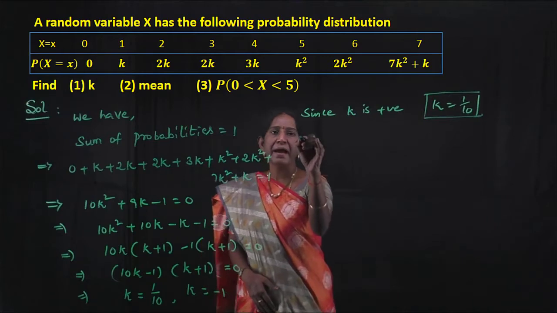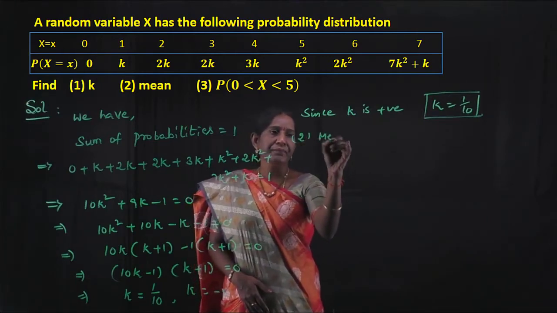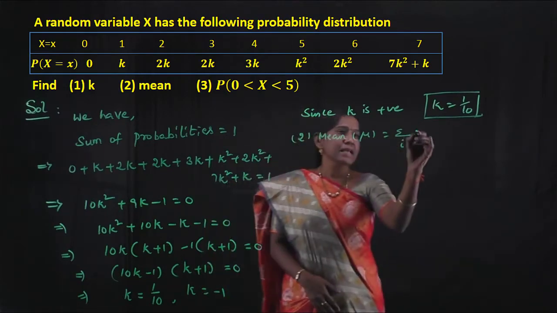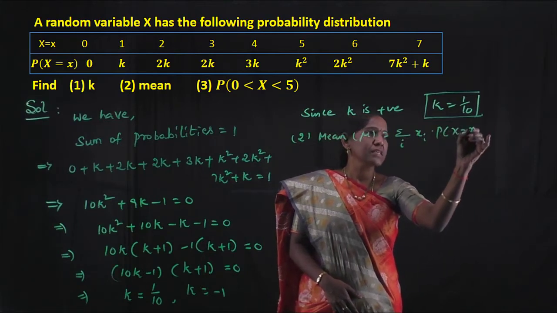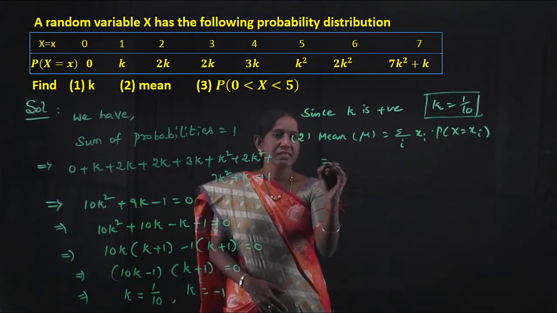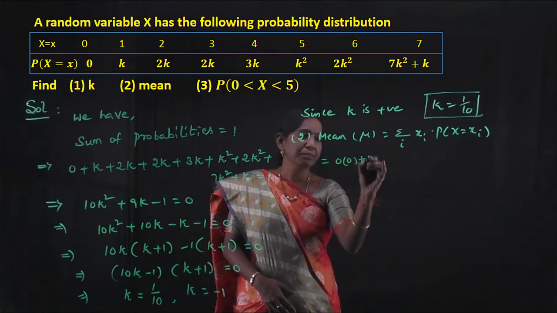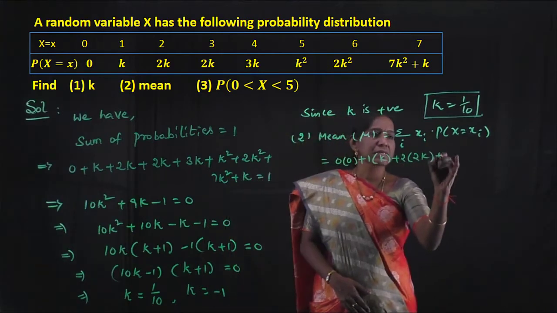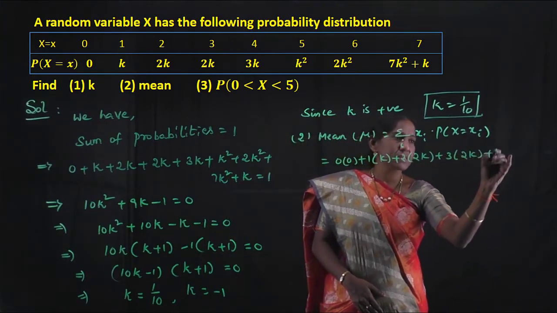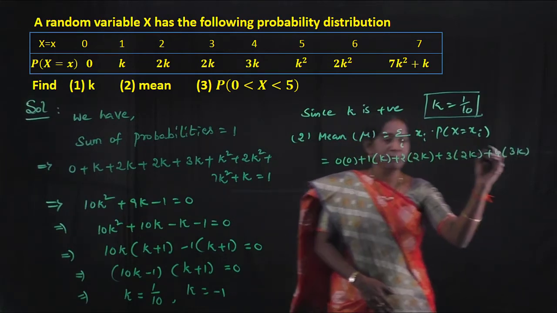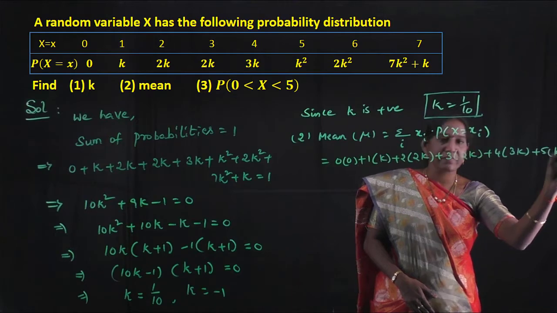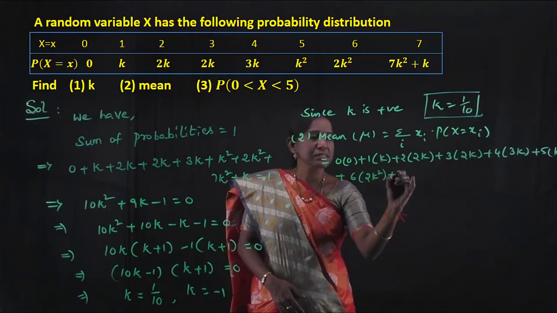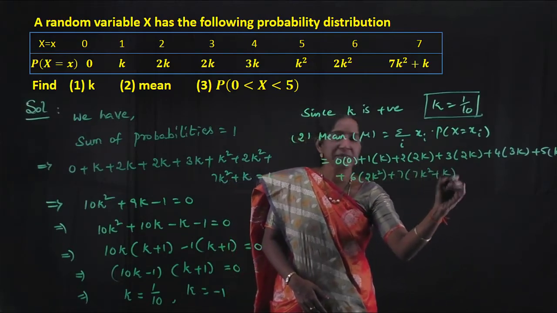And next we have to find the mean. So mean mu is equal to sigma xi into p of x is equal to xi. So this is equal to 0 into 0 plus 1 into k plus 2 into 2k plus 3 into 2k plus 4 into 3k plus 5 into k square plus 6 into 2k square plus 7 into 7k square plus k.